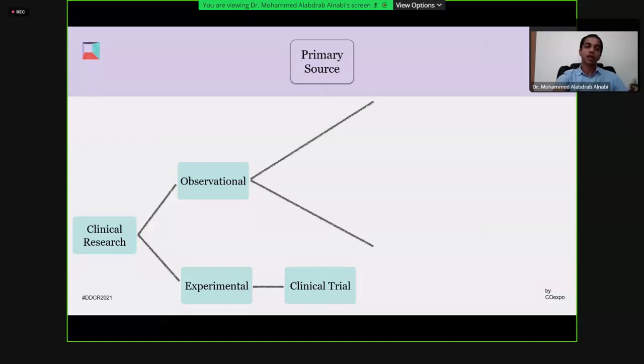So experimental is basically what we call clinical trial, whether diagnostic or therapeutic.